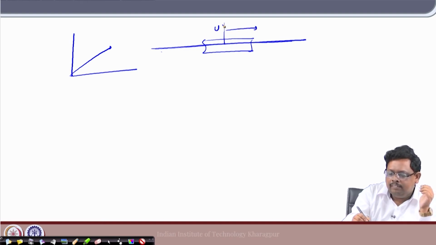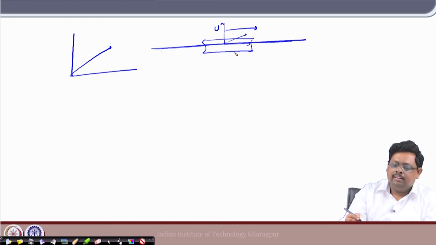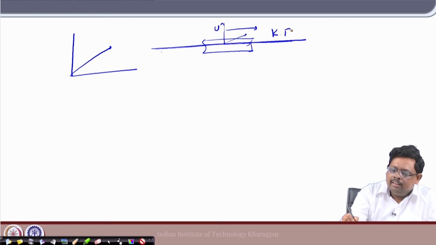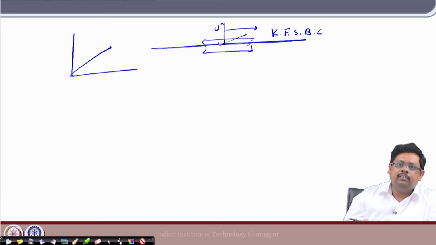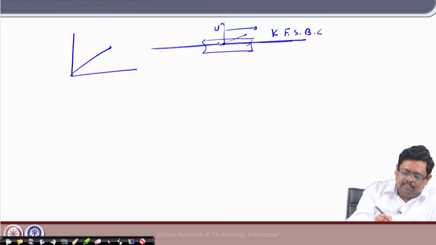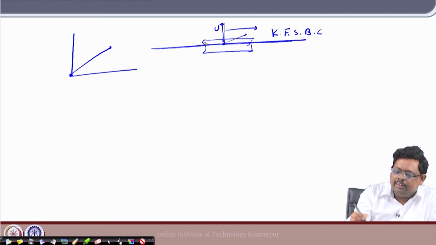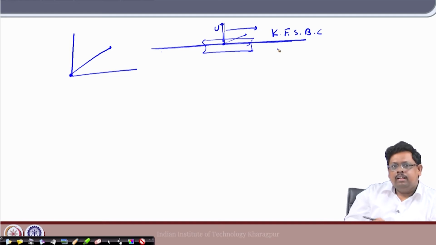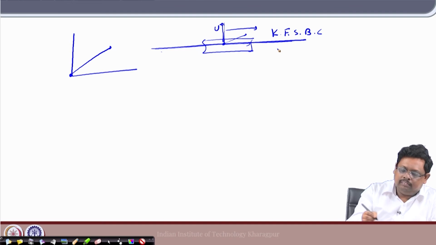So, here I have another reference frame. Now, if I try to write the kinematic free surface boundary condition with this moving reference frame, how do I do that? If it is with respect to fixed space, it does not matter, but now I need to write the same thing with respect to the moving reference frame.